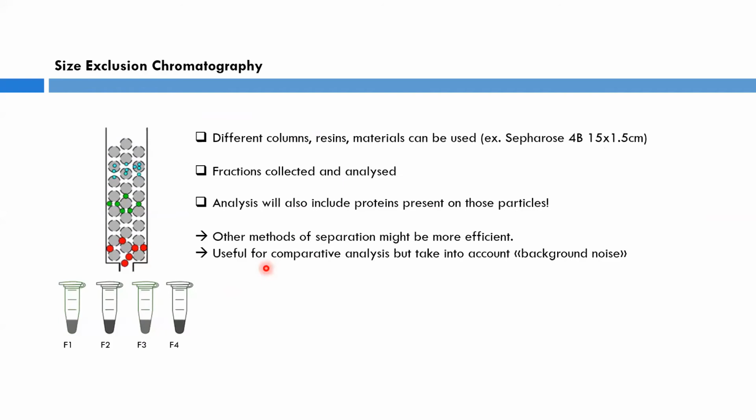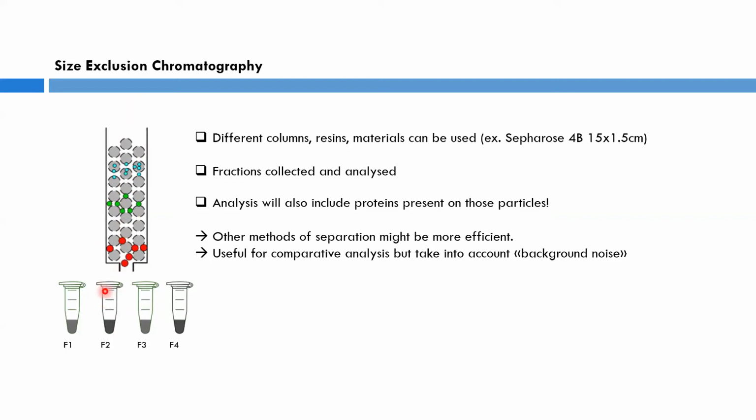One example is size exclusion chromatography, which basically consists of a gravity column, which is filled with porous resin that is composed of different materials. In this case, for example, the most used for corona study is Sepharose. So the sample is injected on top and then is separated by size, and different fractions with different sizes are collected.